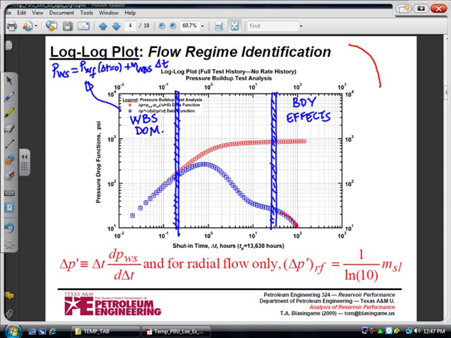And when you see the boundary effects, what can you estimate from the boundary effects? You already saw this in the exam. I mean, okay, P average.